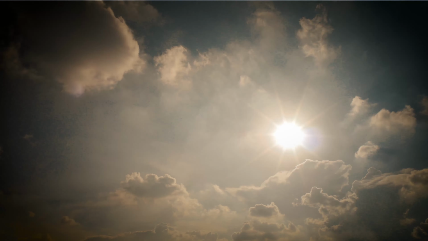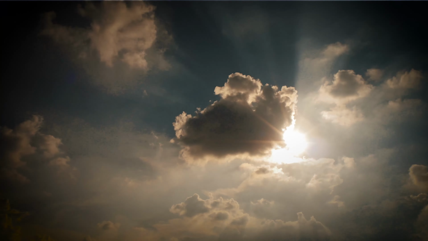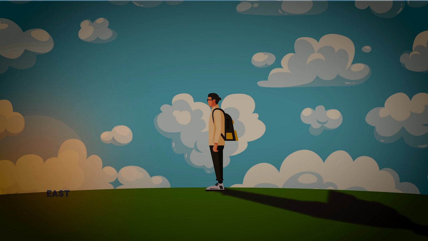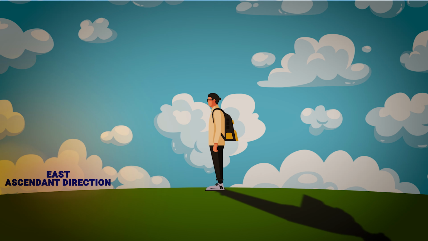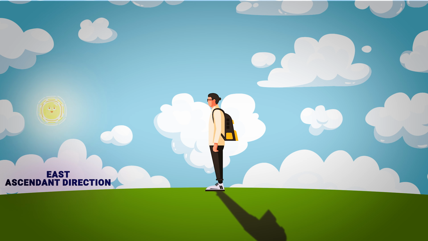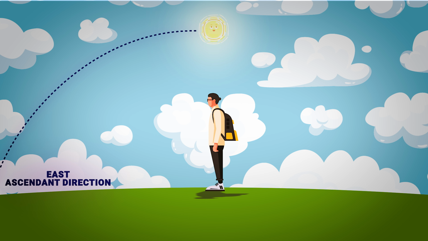It is there because of the relative motion of earth with the sun. So the sun in the morning, when it rises in the east, starts ascending its journey upwards towards the pinnacle, where it reaches in the noon time, and that movement is called the ascending movement.